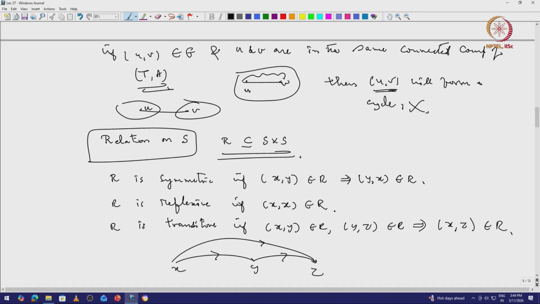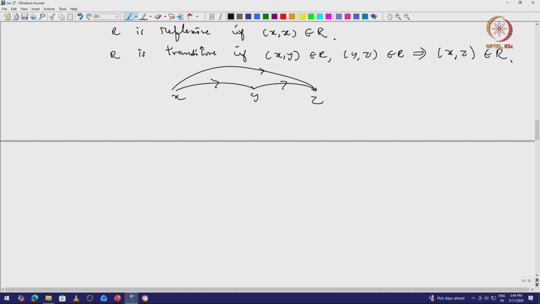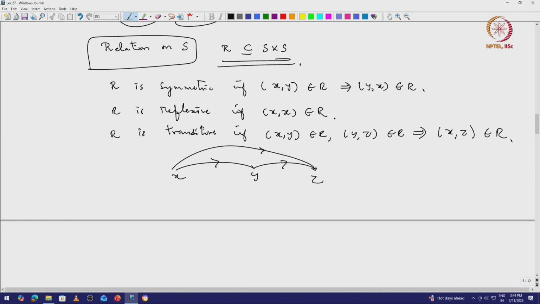Now the core theorem, basic theorem is every equivalence relation.